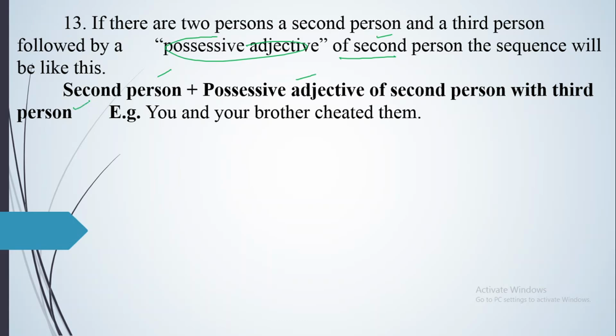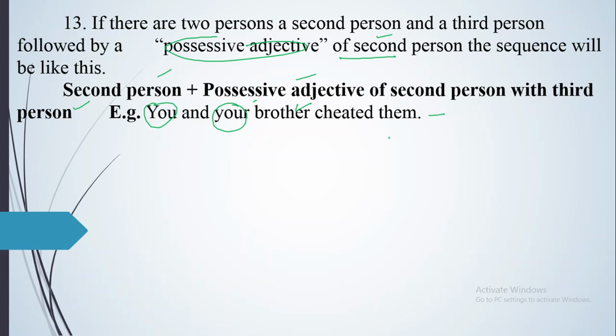Clear? So example is you is second person and your brother. So you will bring the possessive adjective of second person and then third person. Cheated him. You and your brother cheated him.